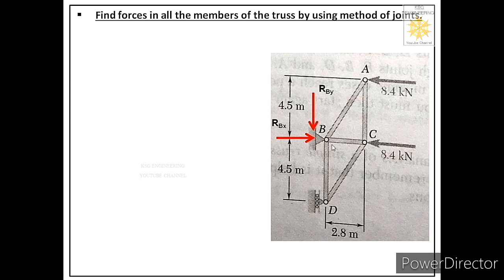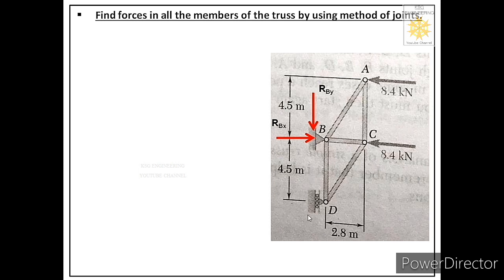Now let us show the second reaction, and we have shown this reaction along the surface of this pin support and we have labeled it as Rby, meaning reaction at B in y direction. Now we know that at the start we don't know the direction of these reactions, so we have just assumed their direction. So for Rbx we have assumed its direction towards right. For Rby we have assumed its direction in downward direction.